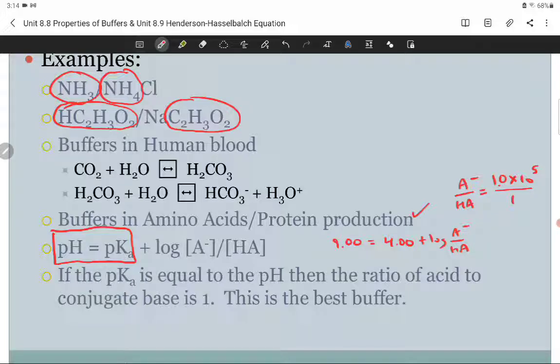So if you get that A minus number down into a manageable number that you could actually dissolve in your solution, you'll have an HA number that will be so infinitely small that you basically have hardly any HA. You'll have lots of A minus and virtually no HA. So that's not a good buffer.